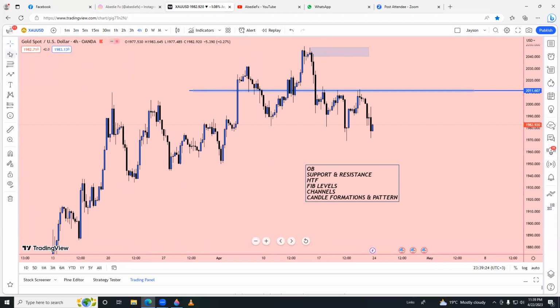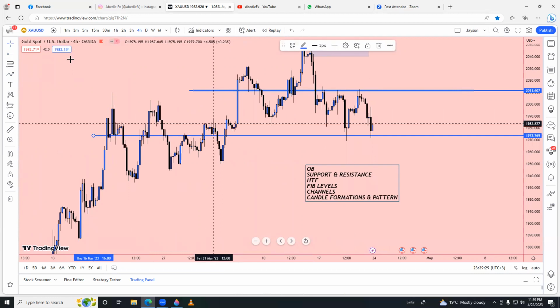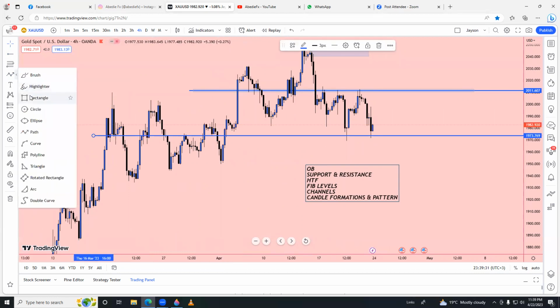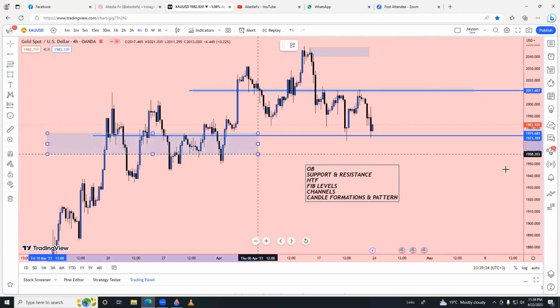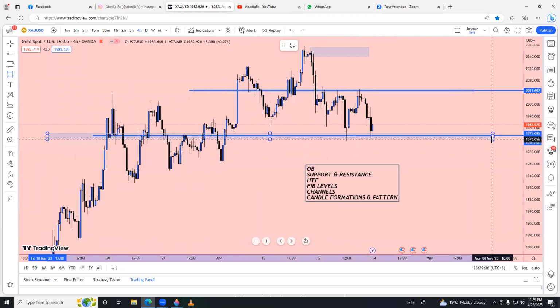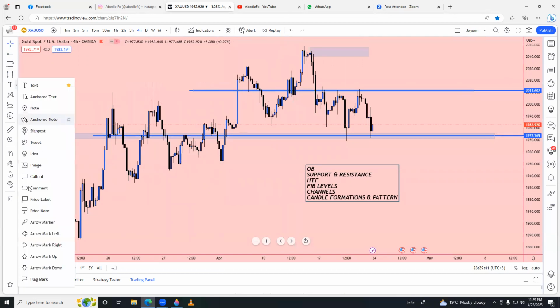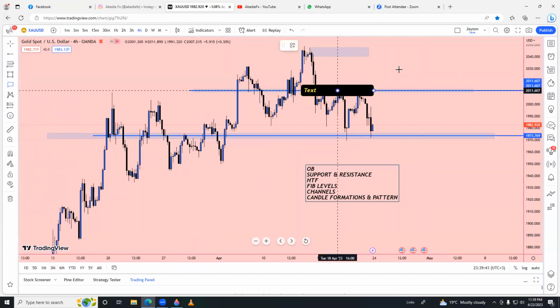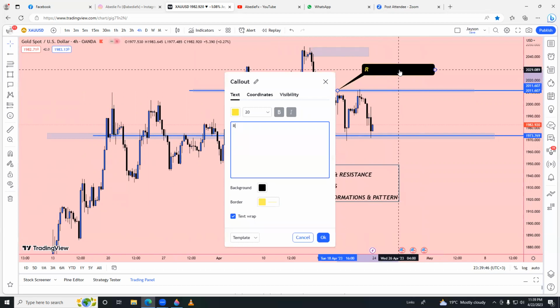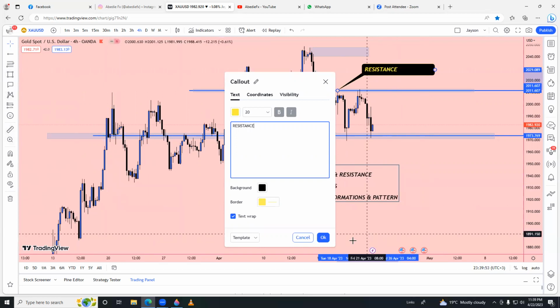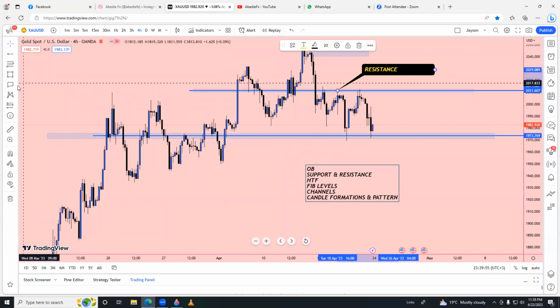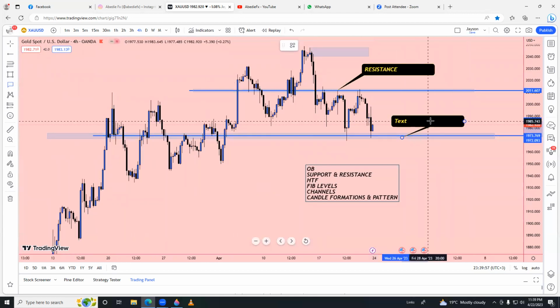Same, we can also say this one becomes another zone, which is a support, because every time the price came down, it has been supported from going any further down. So it becomes a zone. So this becomes a call out, this resistance, and this becomes a support.